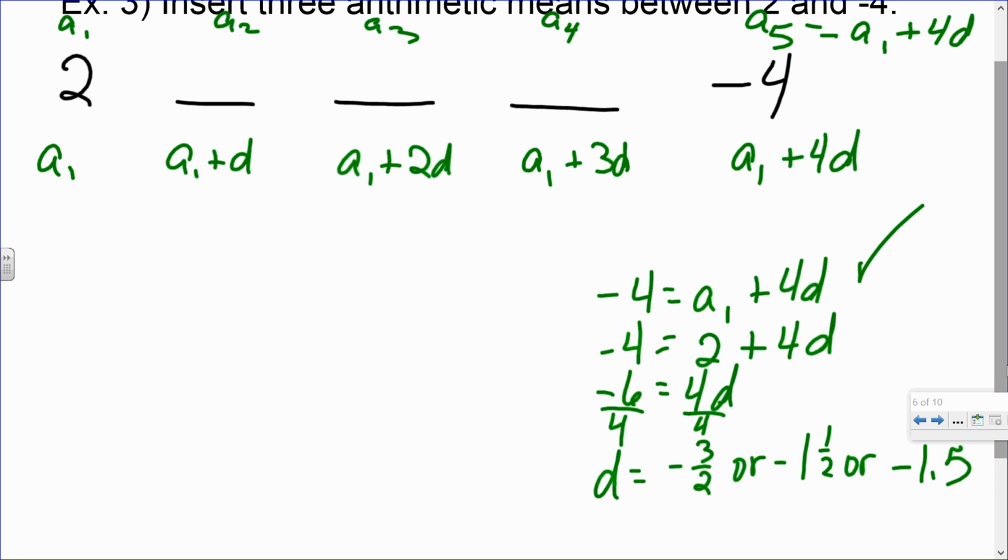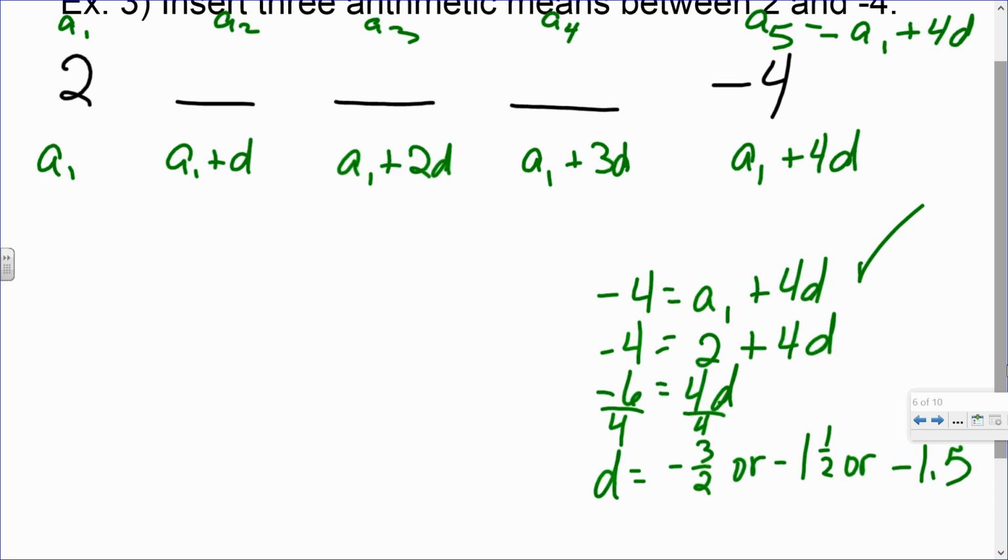That's going to be our common difference. That tells us that if we know the first term, it's that -1.5 that we need to be adding each time. So I don't care fractions or decimals. 2 plus -1.5.